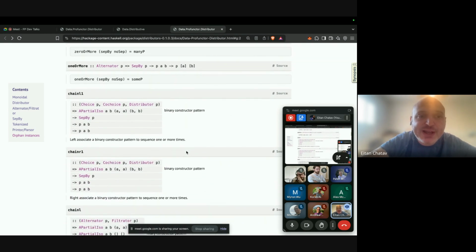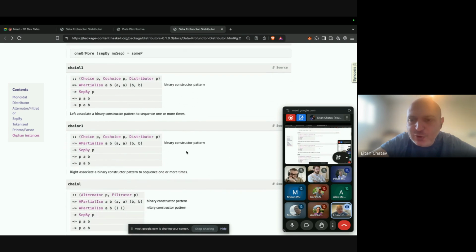And not only that, but we get chain L1, chain R1, chain L, and chain R, which if you've used these before in parsers, what they do is they also take a list of inputs, but instead of giving a list output, you give it a binary constructor.